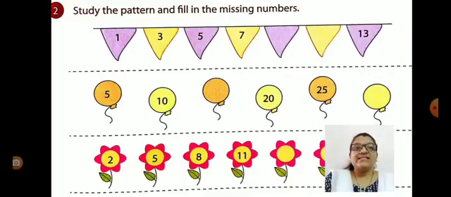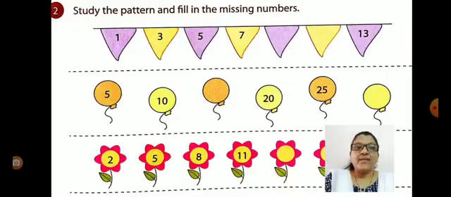Question number 2. Study the pattern and fill in the missing numbers. Now look at the first picture. There are some numbers given in it. What are the numbers? 1, 3, 5, 7, then dash, dash and 13.